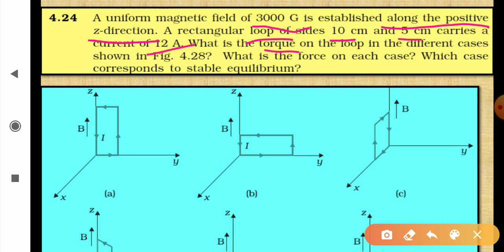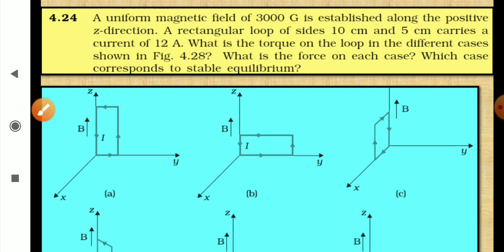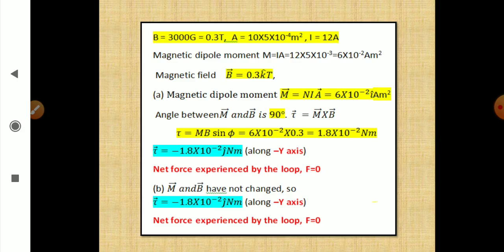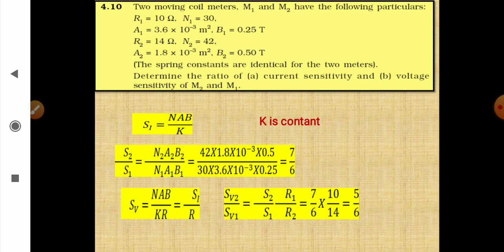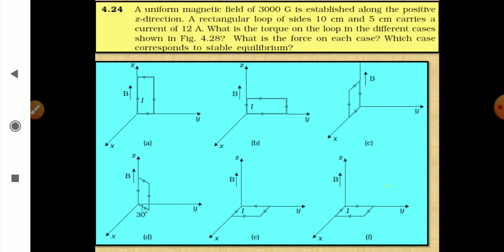What is the torque on the loop in different cases as shown in this figure, and what is the force on each case, and which case corresponds to stable equilibrium? So, look at it.